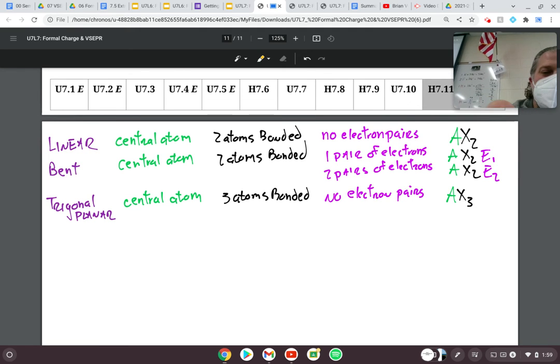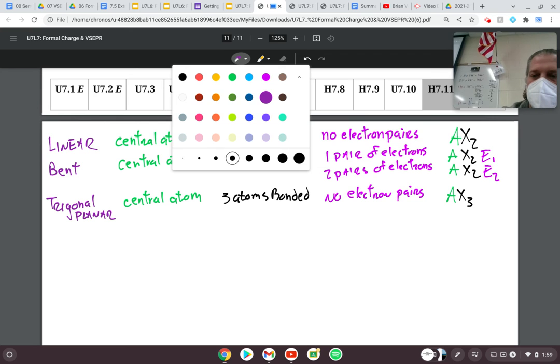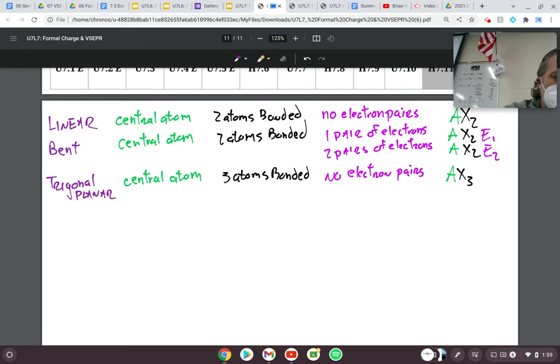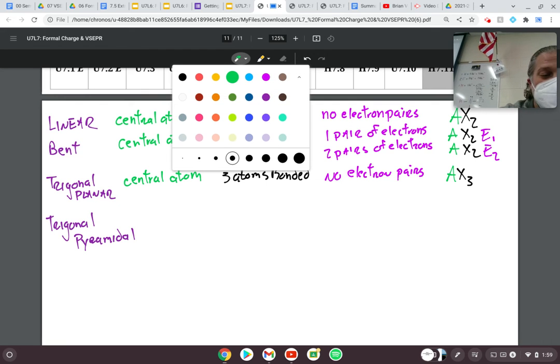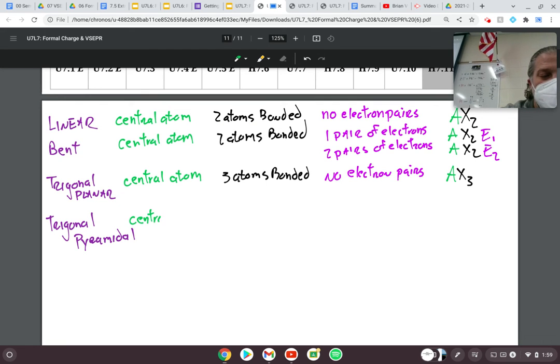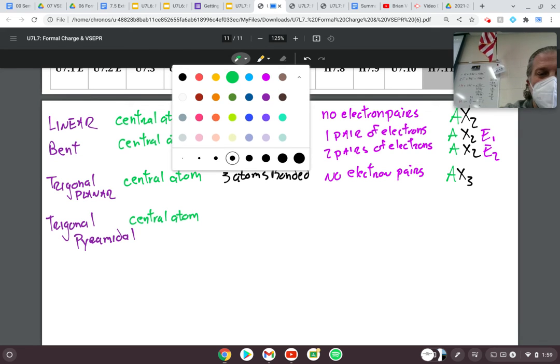The fourth structure we learned about yesterday was the trigonal pyramidal. It too had a central atom. It also had three atoms bonded to it.